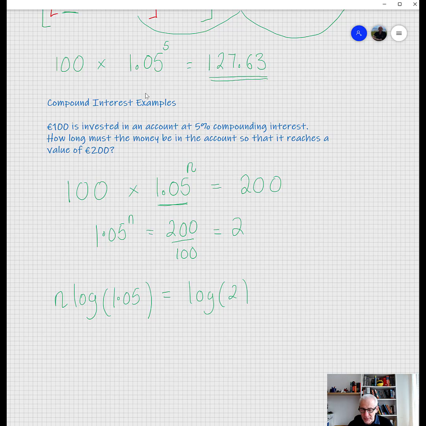And when we rearrange, we can get n is equal to the log of 2 divided by the log of 1.05, which we can write out as 0.30103 for those of you who remember the log 10 of 2. I do that because I'm a bit strange.